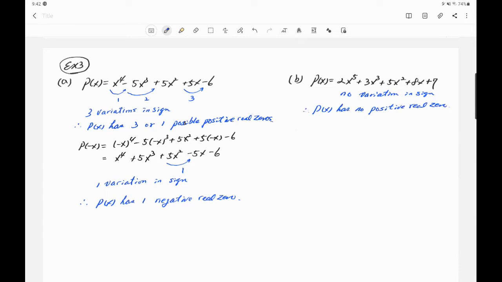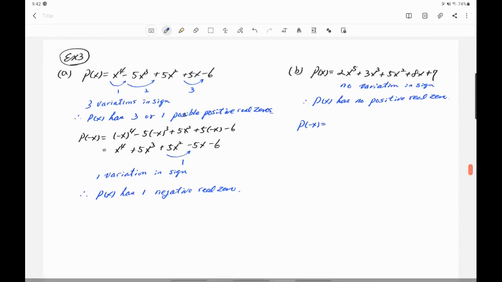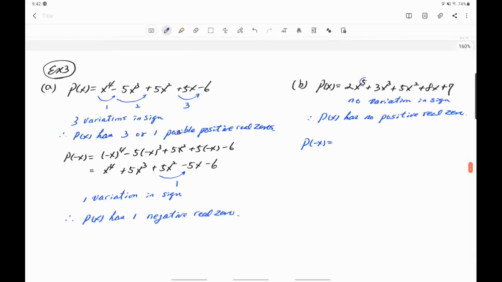All right. How about substituting negative x? When we substitute negative x, only the odd degree terms will change the sign. So it will be negative 2x to the 5th power, then negative 3x cubed plus 5x squared minus 8x plus 7. Can you see it?